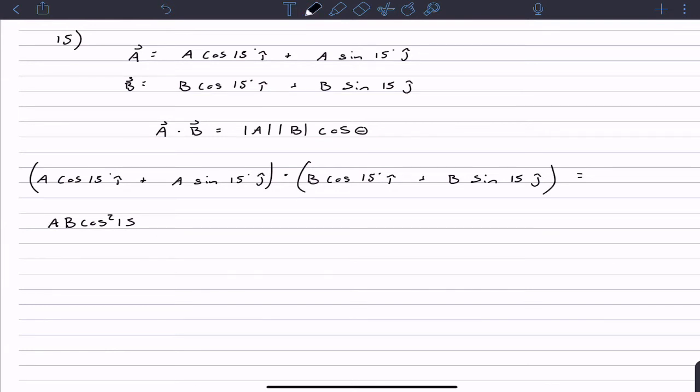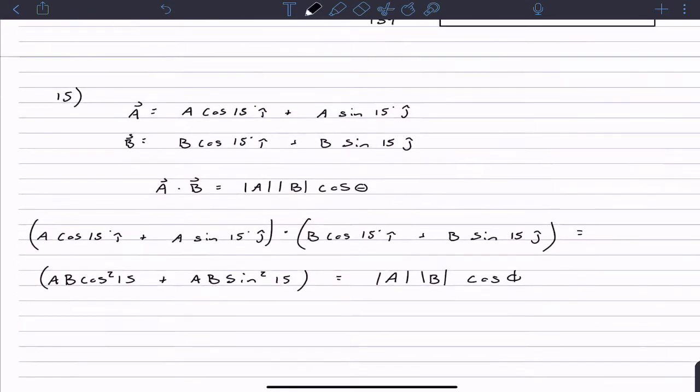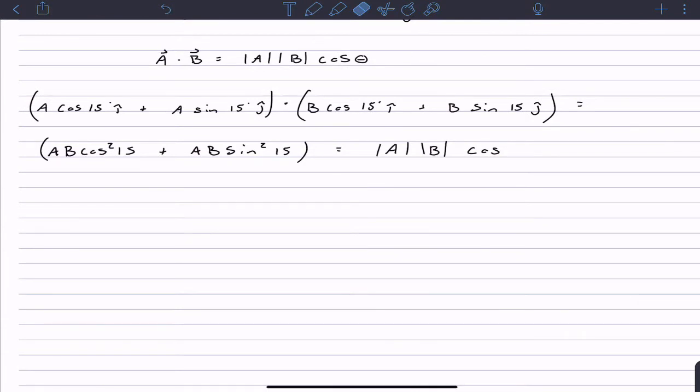So those are the same, and we're just multiplying the i hats together. Next we go to the j hats, and then we get plus a b sine squared 15 degrees, right? That's going to equal magnitude a times magnitude b cosine of the angle, right? I used theta before, so let's stay consistent.